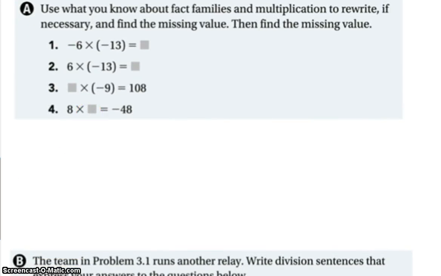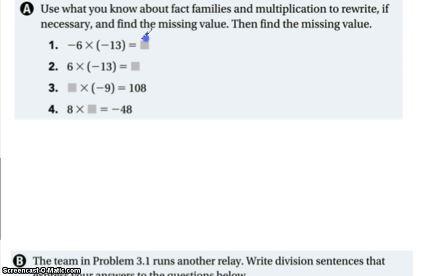So the first problem we come into contact with is question A from page 61 in your book, and it says that we need to use what we know about fact families and multiplication to rewrite, if necessary, and then find the missing value. So I know that a negative times a negative equals a positive.